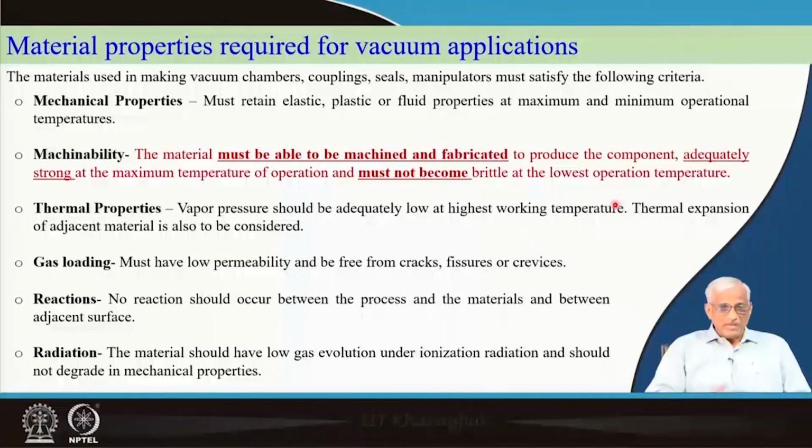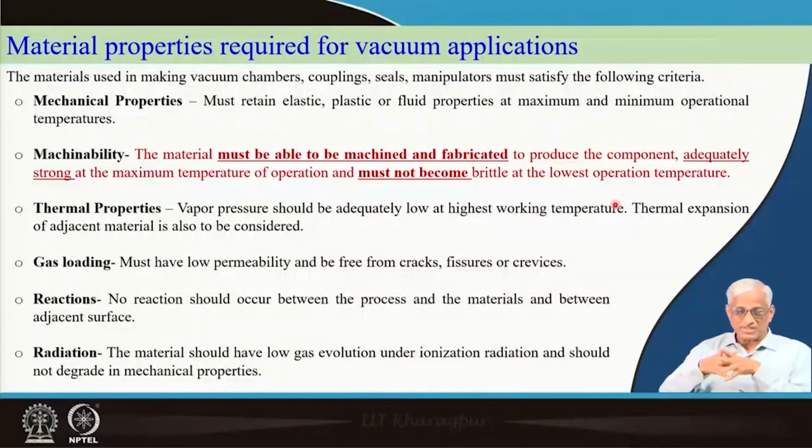Well, any material in a laboratory has to be tested first as a material, not as a component. Okay? An iron piece, that iron can be made in the form of a component, but we will first have to get an idea of its properties.